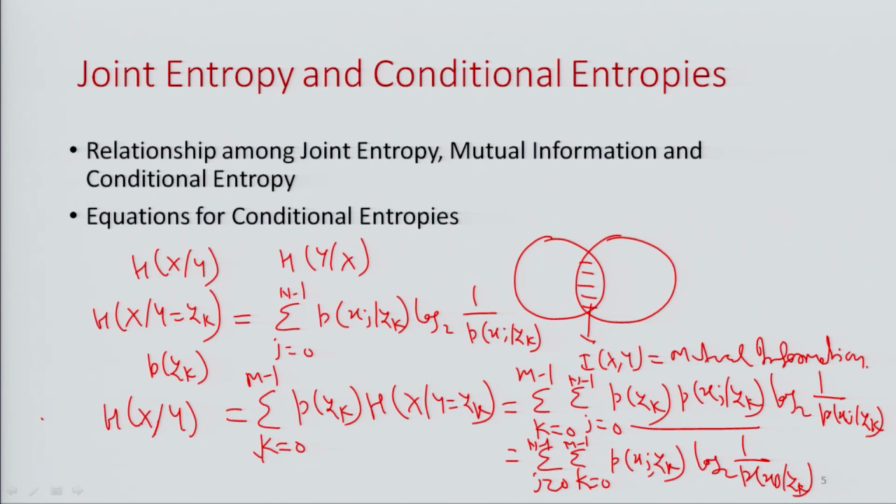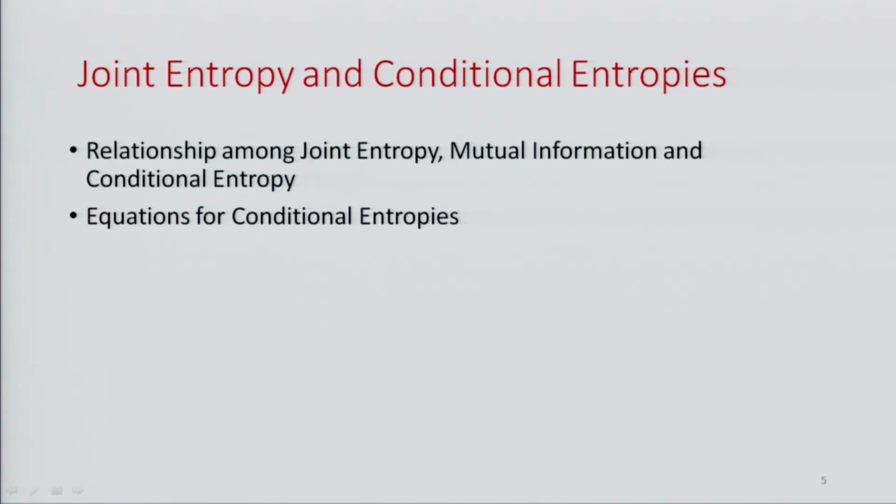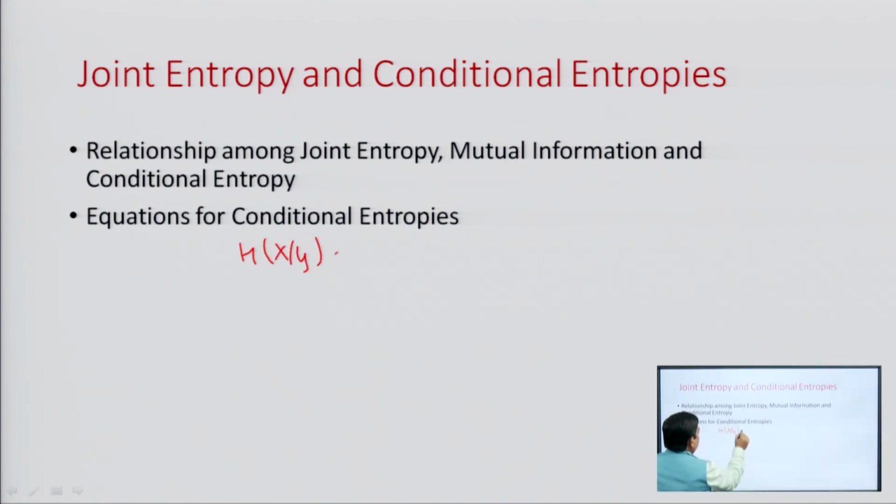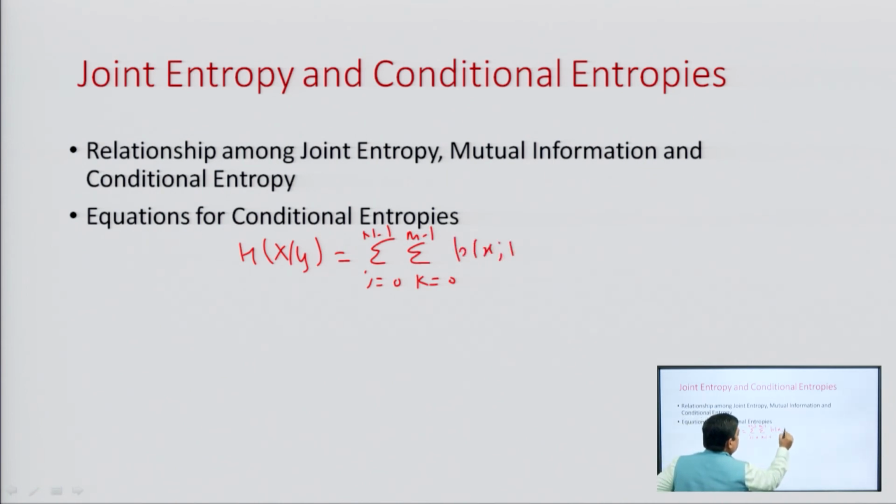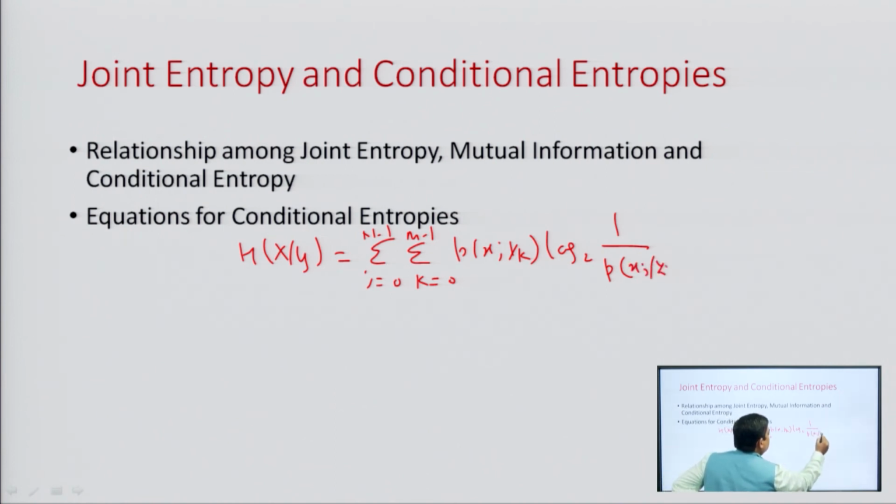Now, taking the average, H(Y|X) is the sum of p(x_j) H(Y | X = x_j). And H(X|Y), already calculated, is the summation j equal to 0 to n minus 1, k equal to 0 to m minus 1, joint probability p(x_j, y_k) into log base 2 of 1 upon p(x_j | y_k).